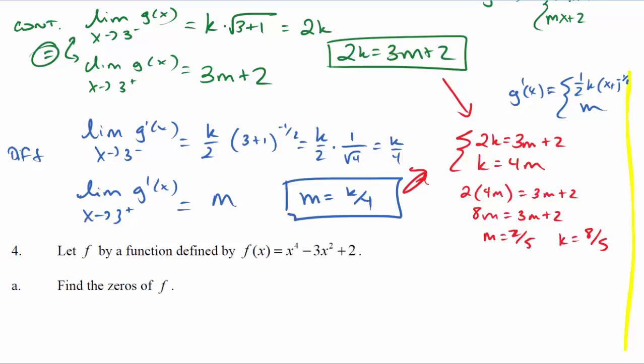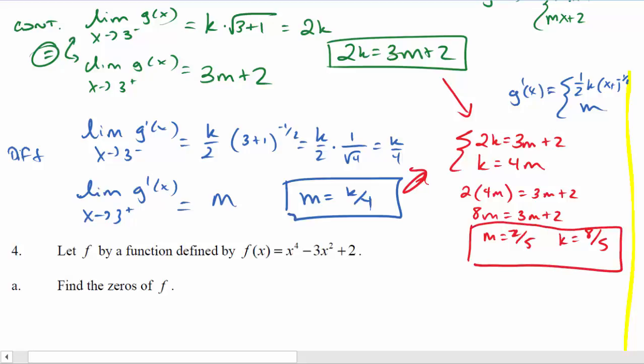Pause the video if you need to see the algebra of that. You can see that there are my two answers. M equals 2/5 and k equals 8/5. I simply used substitution, where I substituted 4m into there to figure out what the values of m and k are.